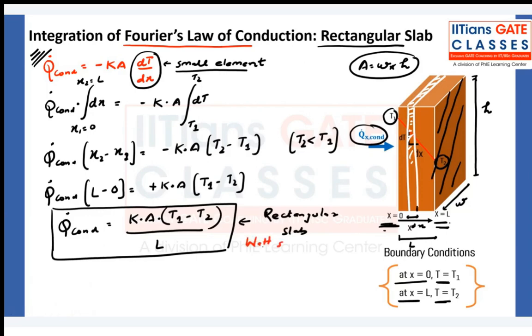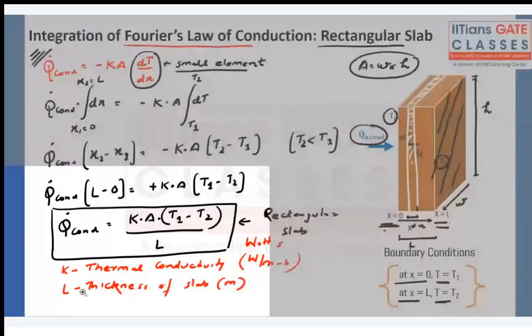We must know that K is thermal conductivity, and its unit is watt per meter Kelvin. L is the thickness of the slab. Unit is meters.